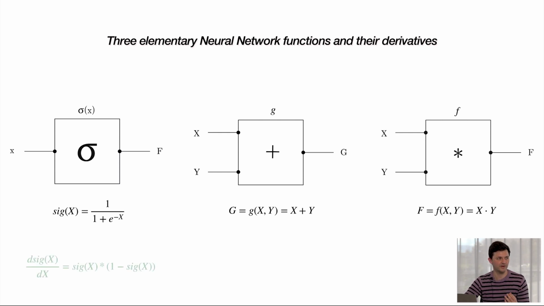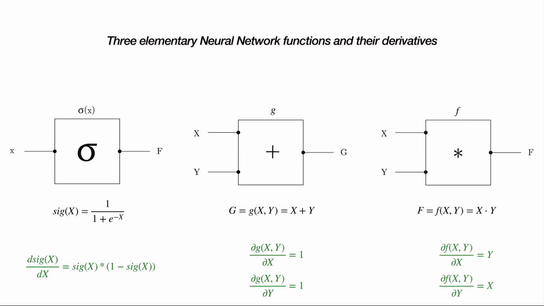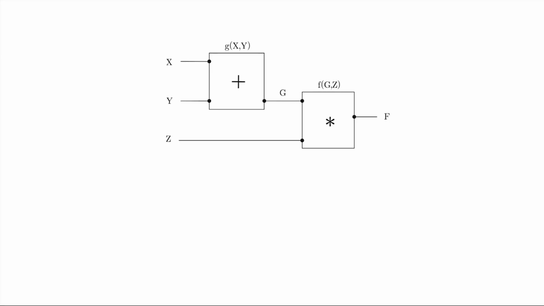We already know the derivative of the sigmoid function is the output of the function times 1 minus the output of the function. The derivative of the two-input addition is simply 1 in both cases. And the derivative of the multiplication function in terms of x is y, and in terms of y is x. So by knowing these three things, it is very easy to construct neural network models.